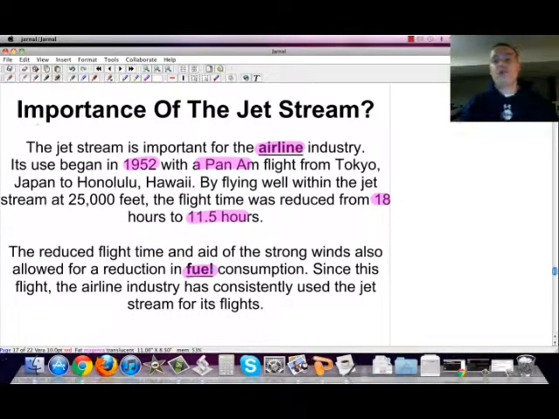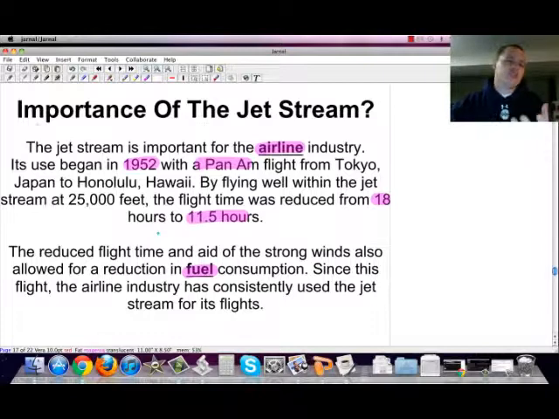And those of you that have flown lately, or have parents who fly for business, know jet fuel is very expensive. So if airlines could use the jet stream as a push of air to get from location A to location B, that would help reduce the fuel needed.